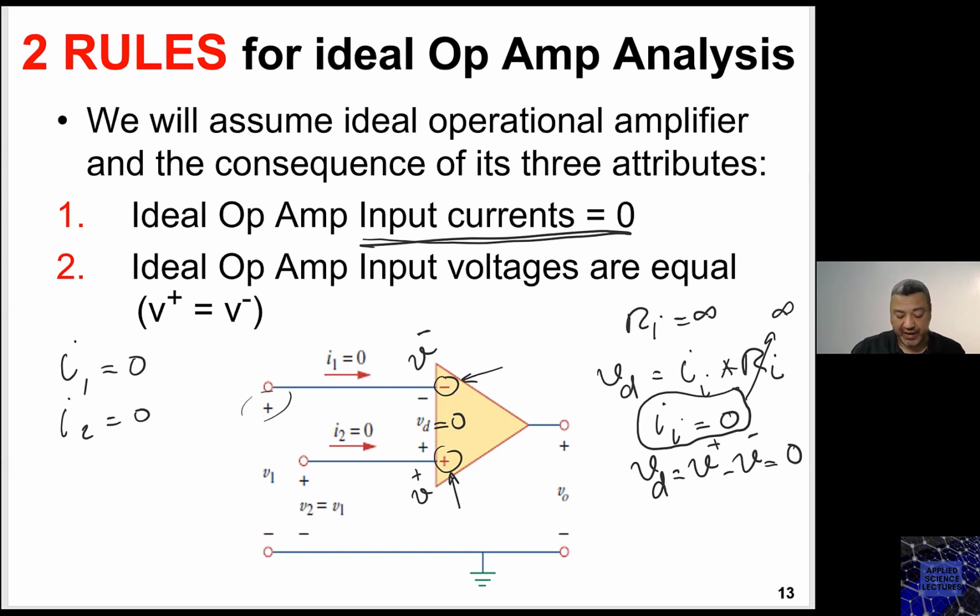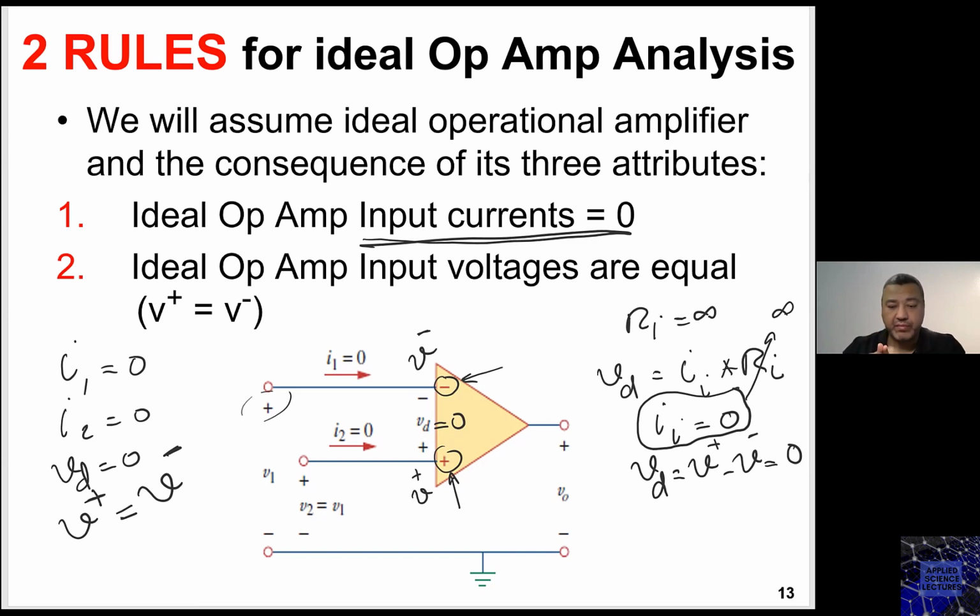And because of that, VD would also be zero. What does VD equals zero mean? It means that V non-inverting would be equal to V inverting. So those are the two rules that we will be using to analyze the ideal operational amplifier, which is the model that we will be using in this course.